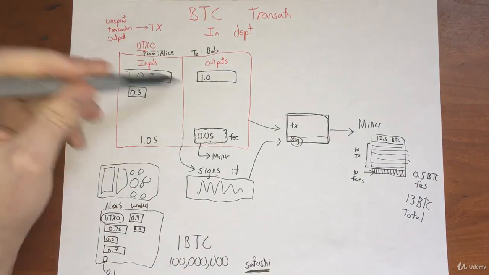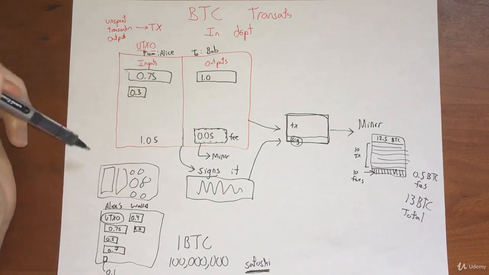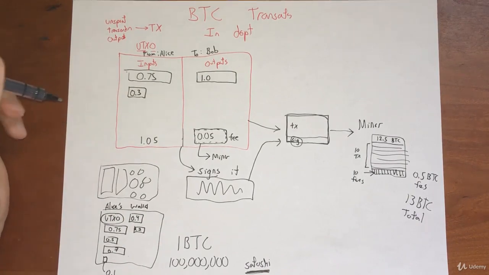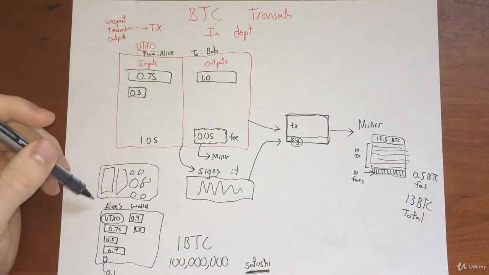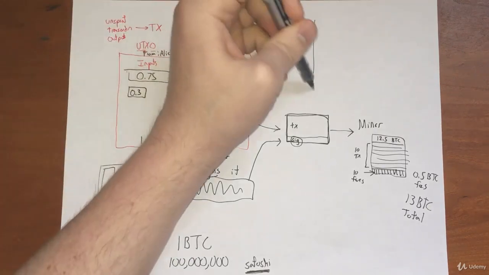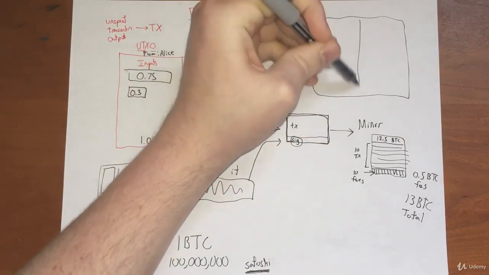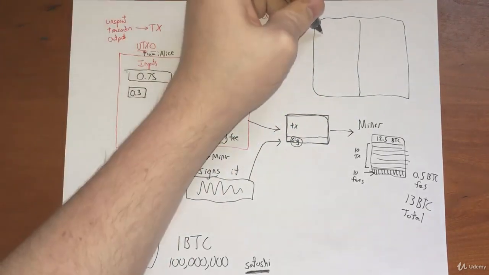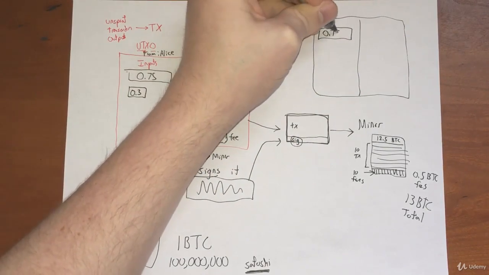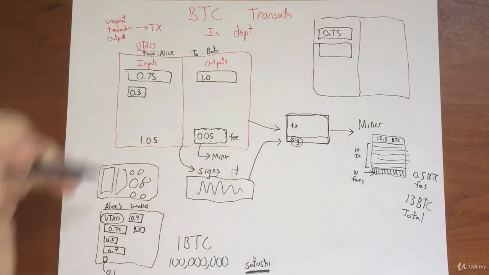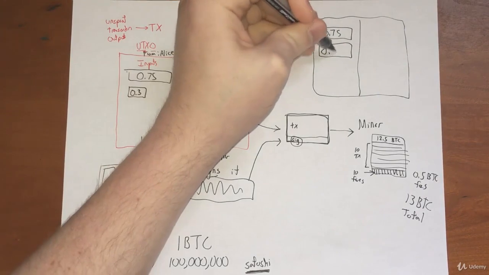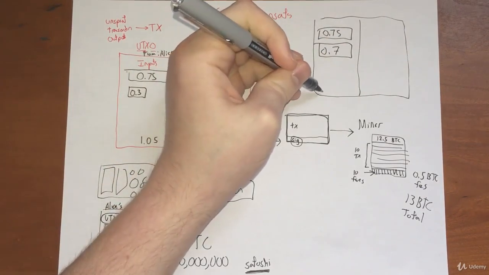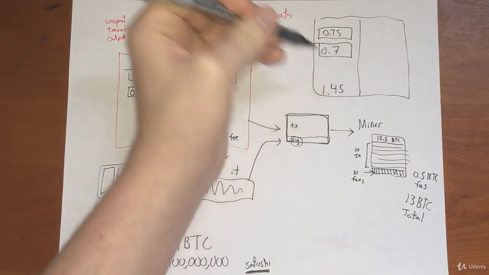Sometimes things don't add up properly like this. So I'll do another example. You could have your 0.75, you could have your 0.7. So this adds up to 1.45 Bitcoin.